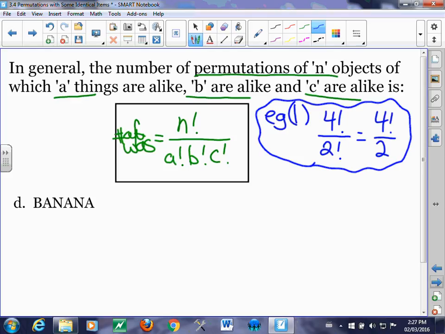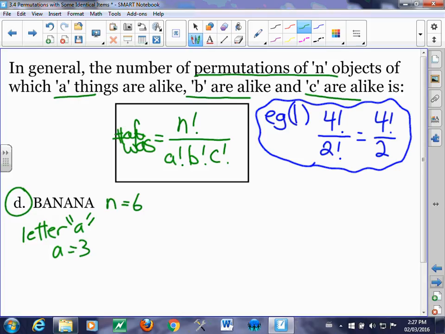All right, so let's take a look at banana now that we've learned this short form. For banana, how many letters do we have? We know n equals 6. Let's take a look at the letter A. How many times does it repeat? It repeats 3 times, so we're going to let A equal 3.